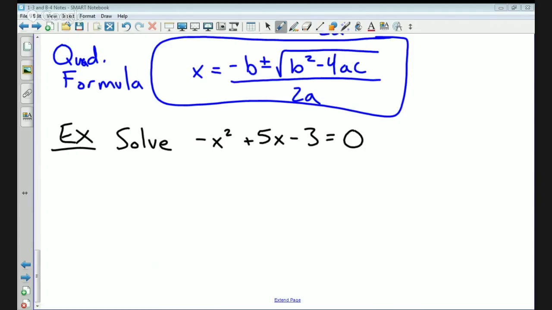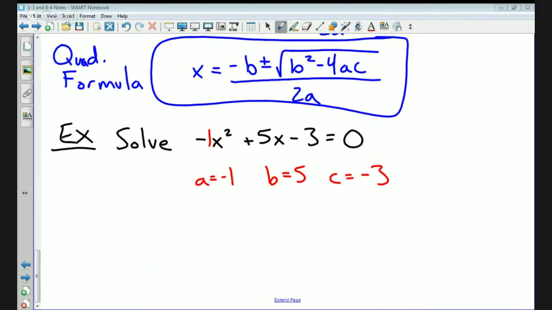In order to use the formula, we need to know what our a, b, and c values are. In front of the x squared, I see a negative. Remember that there'd be a little 1 there when they don't write it. You can always assume it's a 1. So we really have a equals negative 1. b, remember, in front of the x to the first power is 5, and c is negative 3.